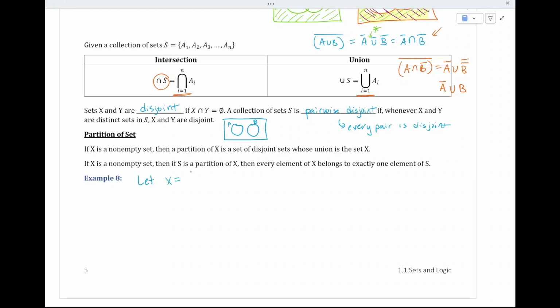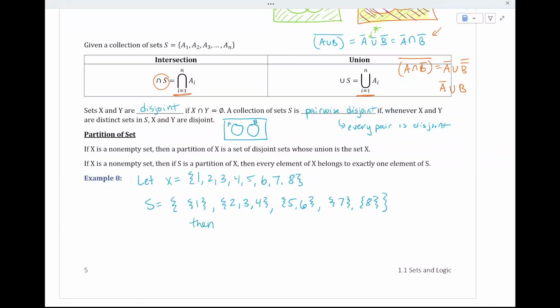Let X equal the set 1, 2, 3, 4, 5, 6, 7, and 8. Then let S be the set that contains the set of 1, set 2, 3, and 4, set 5 and 6, set 7, and set 8.